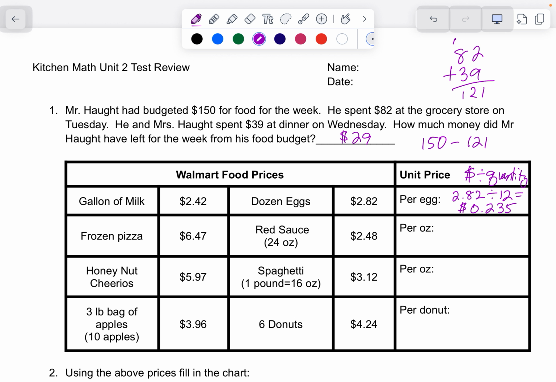Okay. Now for the sauce here, we're doing the sauce next. So what would we divide? 24. We would divide by 24, right? So 2.48 divided by 24 is approximately 0.103.